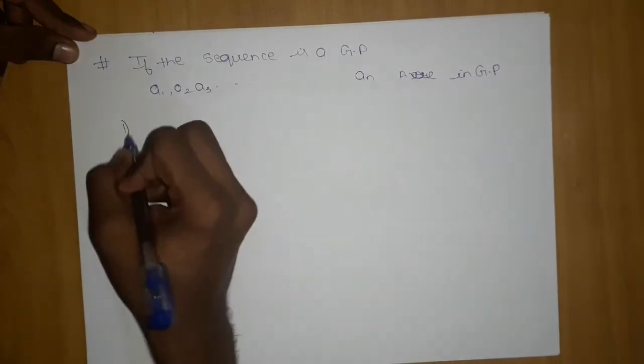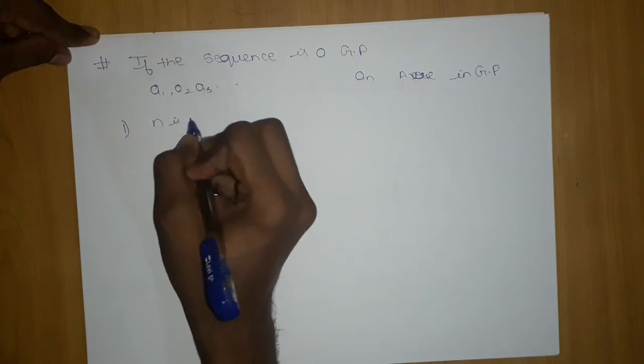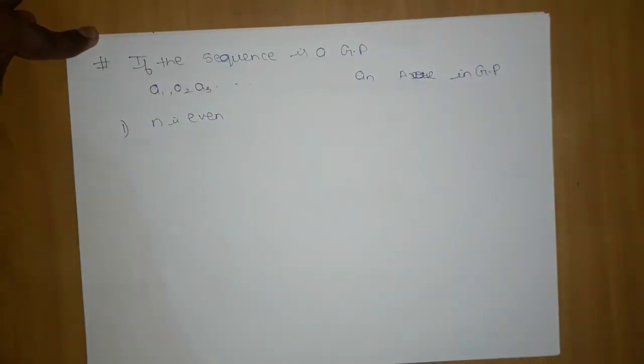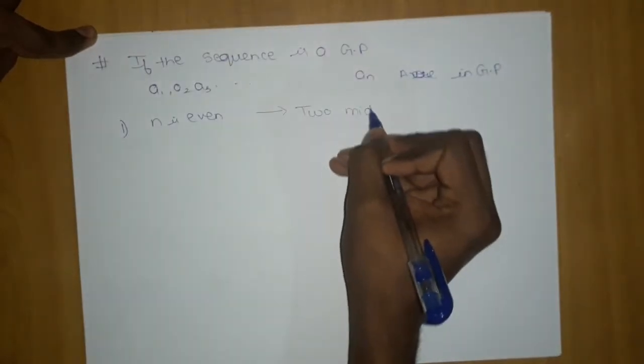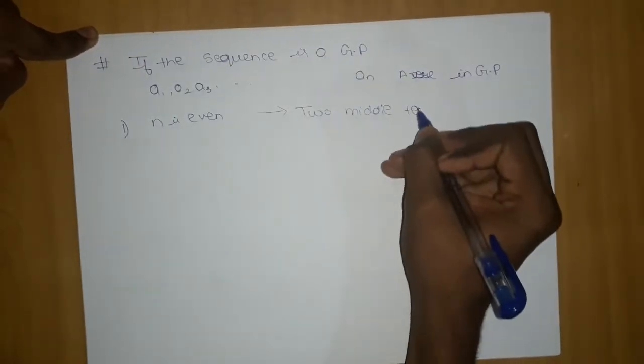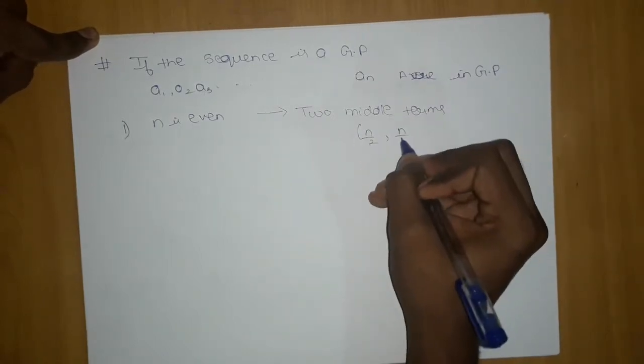How? There will be two cases, like in AP. If n is even, there will be two middle terms, at positions n by 2 and n by 2 plus 1.